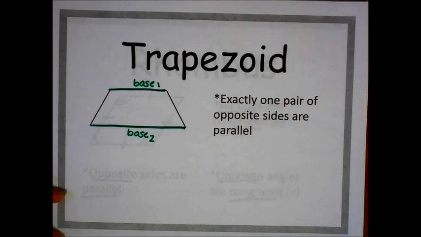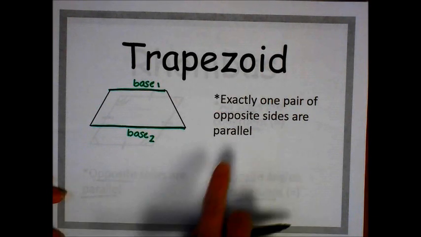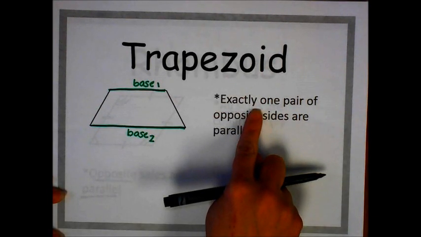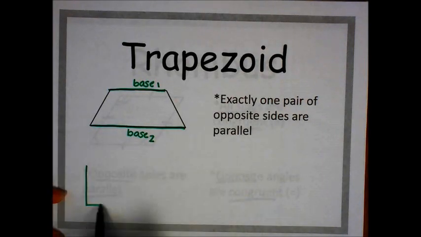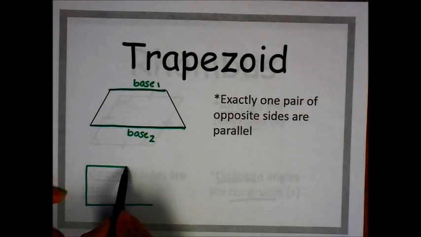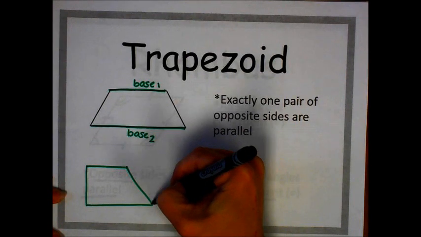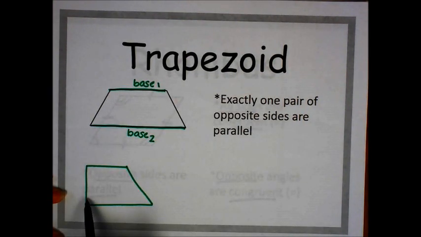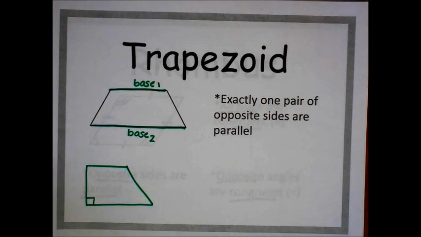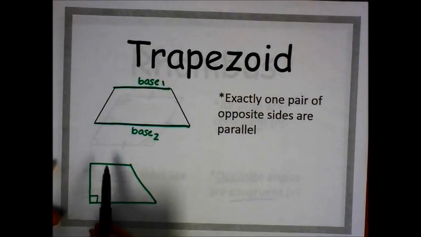Now, it doesn't matter how my trapezoid is turned or rotated or looks, it will always have exactly one pair of parallel sides. Here's another example of a trapezoid that I would like for you to draw in your journal. And it is a trapezoid because I have exactly one pair of parallel sides.